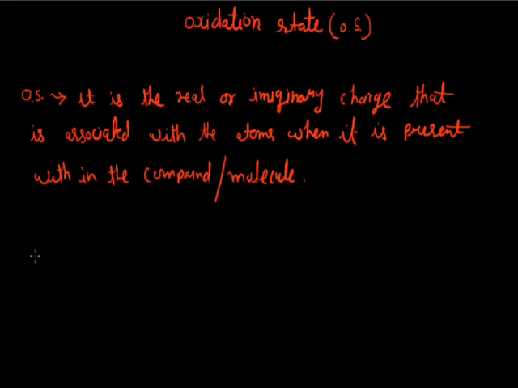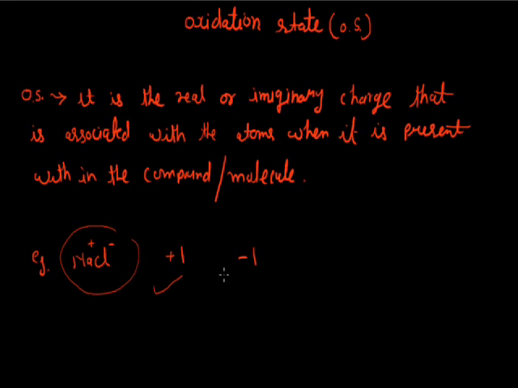For example, if we take the example of NaCl, in NaCl, Na becomes +1 and Cl becomes -1. So here is the +1 and -1.